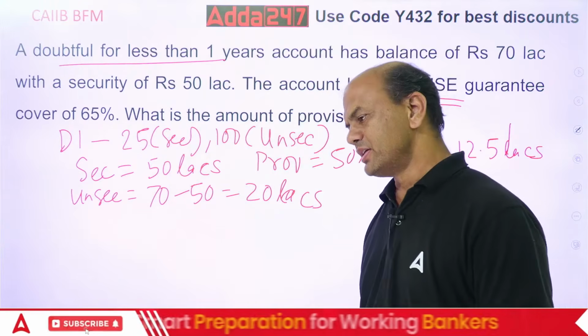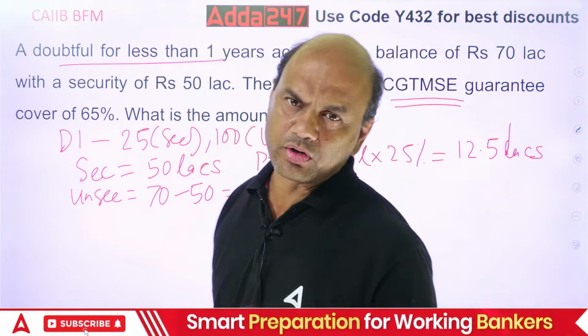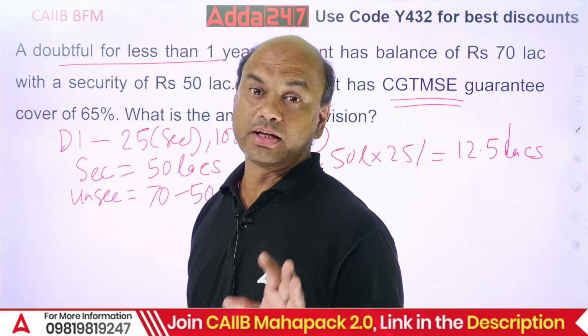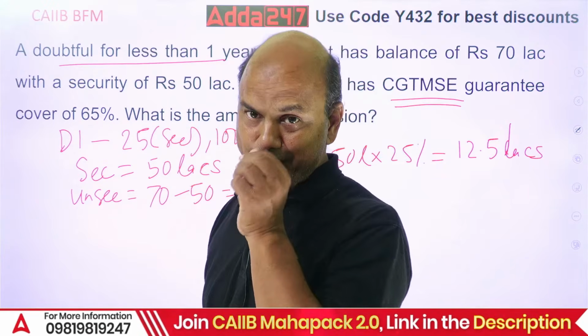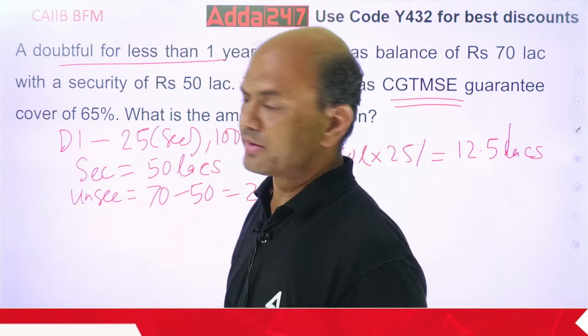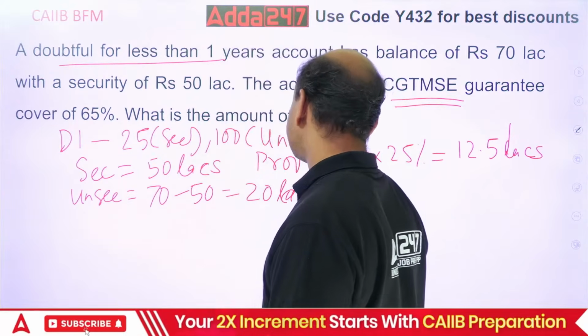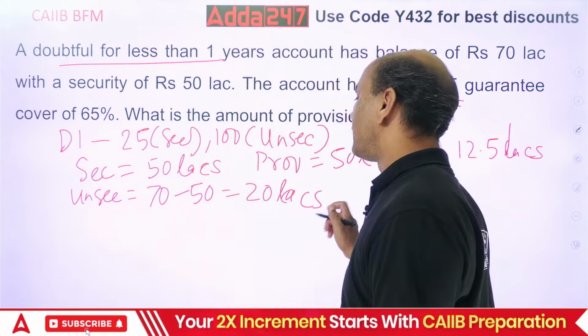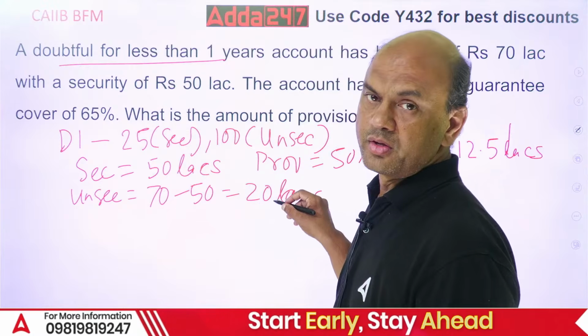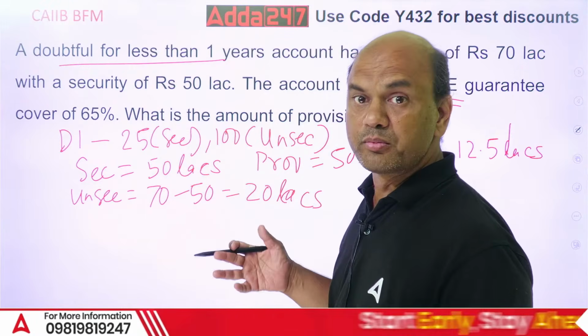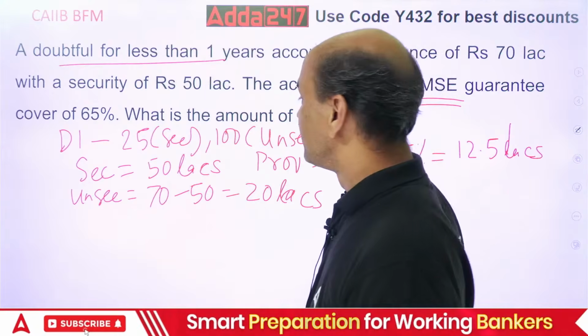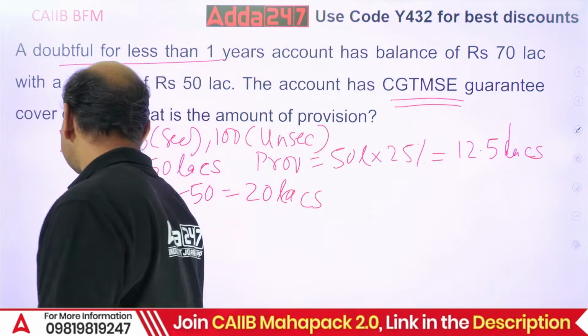Always remember, CGTMSE cover will always be for the unsecured part. So 20 lakhs into, now see this, out of this unsecured you have to find out more unsecured. So CGTMSE cover is what?